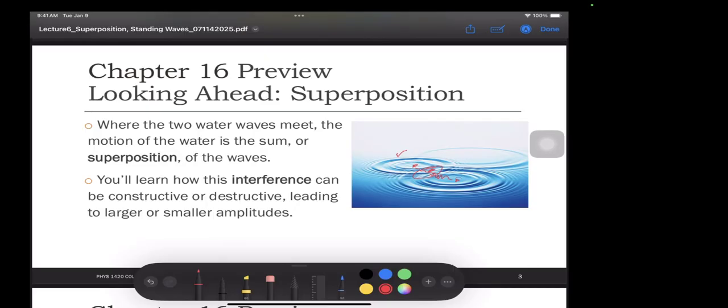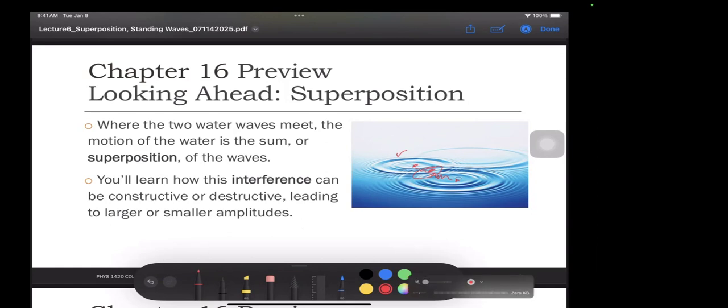It's such as a plus position like that. And you will learn how this interference can be constructive or destructive, leading to larger or smaller amplitudes.